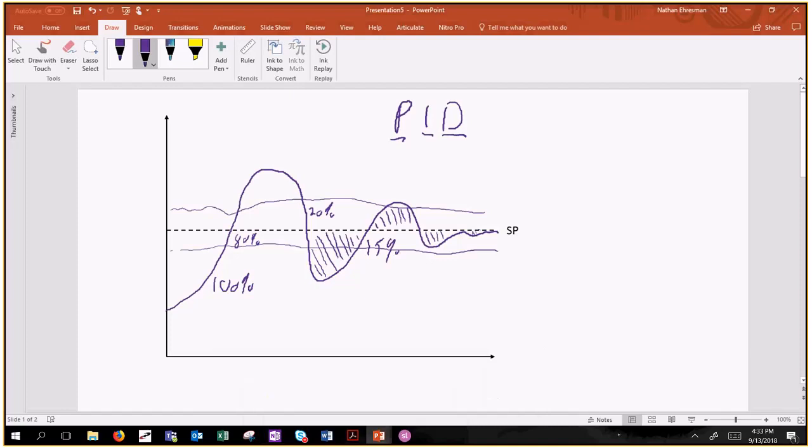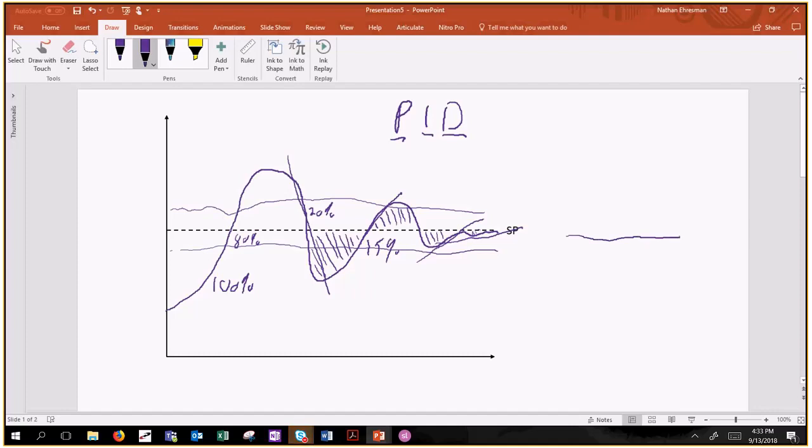Now let's talk about D, which is derivative. If you remember high school calculus, derivative is the slope of the line. So you have this line right here, this line right here, this line right here. It's also known as the rate of change. You want that rate of change to ultimately be as close to a horizontal line as possible.